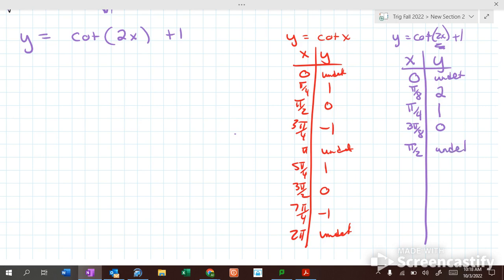And back to undefined again. Okay, then 5 pi over 8, up by 1. 1 plus 1 is 2. And then 3 pi over 4, 1. 7 pi over 8, 0. Pi, undefined.